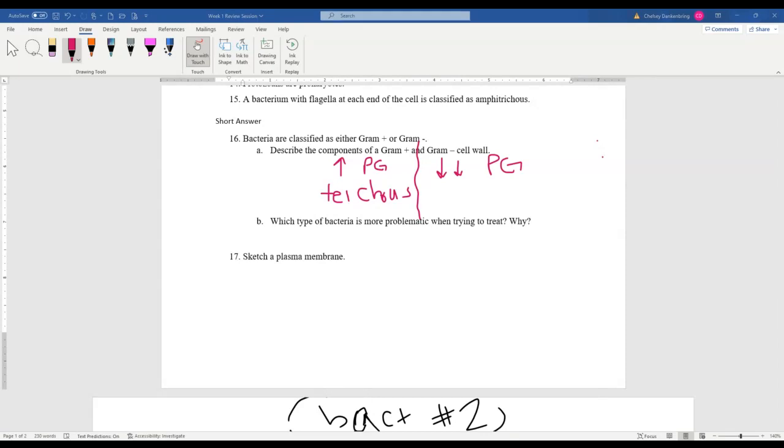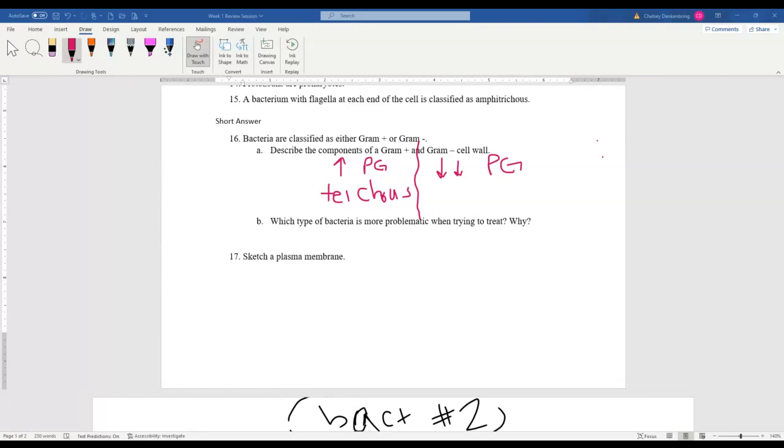All right, so part of the teichoic acid's job is to anchor the peptidoglycan to the rest of the cell. So gram positives, that's all there is to it. Teichoic acid anchoring that thick layer of peptidoglycan. Thick is good, positive. Gram negative, that tiny little wimpy layer of peptidoglycan is bad, okay?